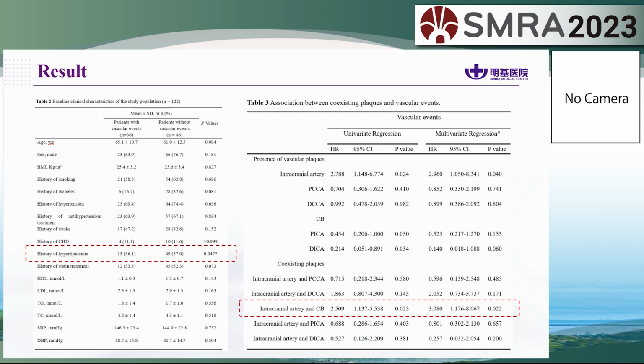Hyperlipidemia showed a significant difference in clinical risk factors between the 2 patient groups. After adjustment for the baseline confounding factors, intracranial artery stenosis remained significant, and the coexisting intracranial stenosis and plaque in the CB segment of the carotid artery remained significant.